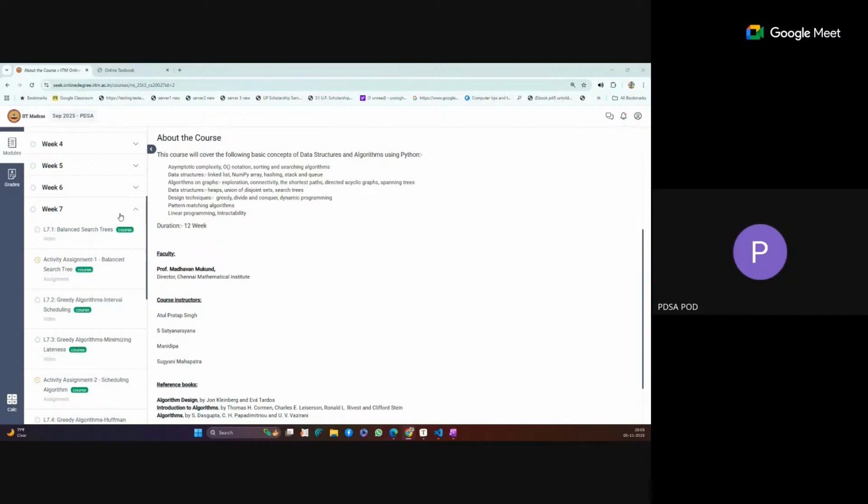But one topic is left from Week 6, that is the binary search tree, which we started in Week 6 but did not complete. We haven't discussed how we can benefit from the binary search tree, how we can take advantage of the operations on it. So that continues in Week 7.